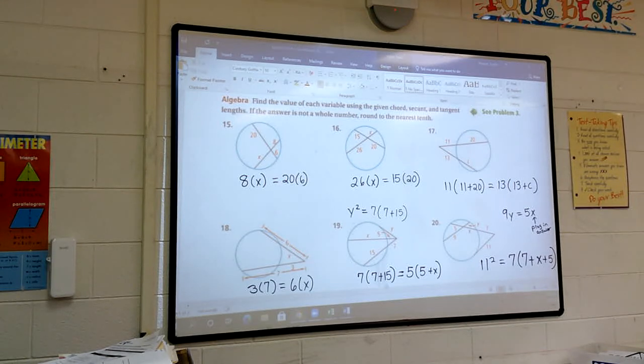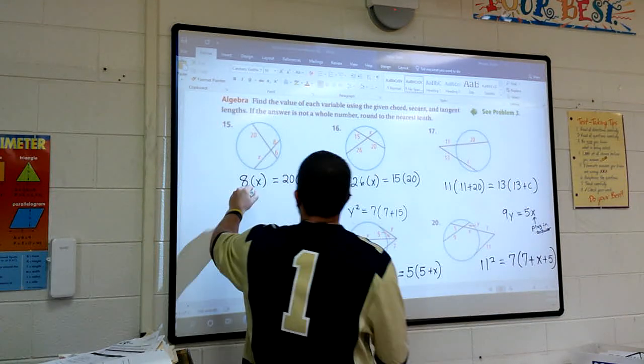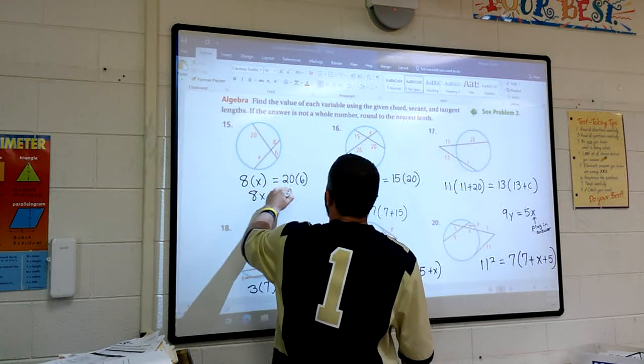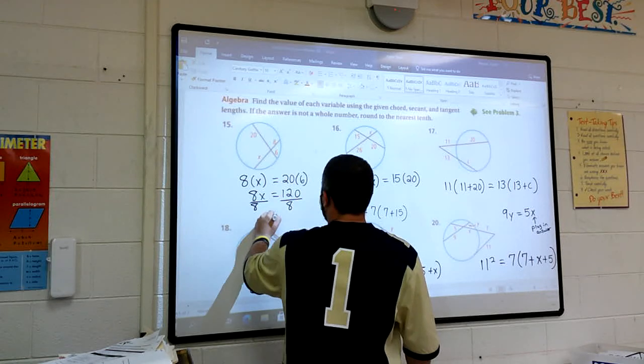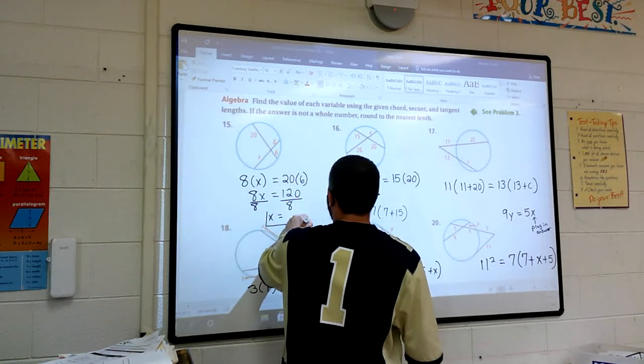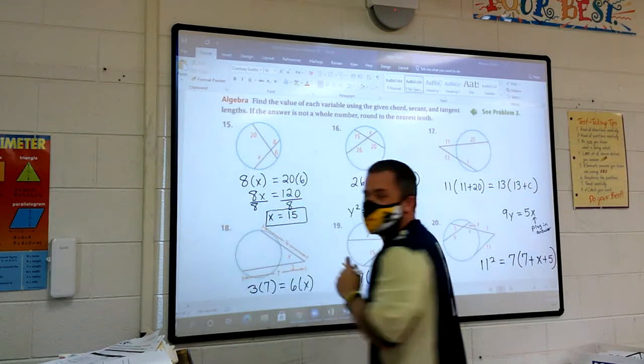In question number 15, remember you're going to say 8x equals 120. What do you get for that one when you divide by 8? Anybody? You get x equals 15, right? 120 divided by 8.